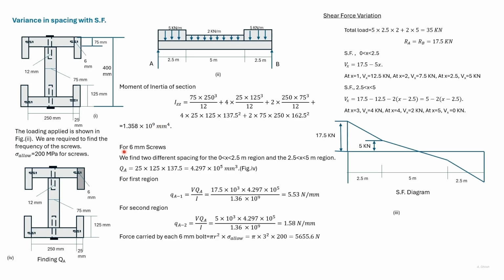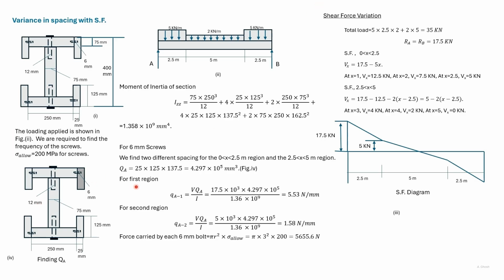We'll first look at the spacing of the 6 millimeter screws. Q is 25 into 125 into the distance of the centroid of this portion from the neutral axis.